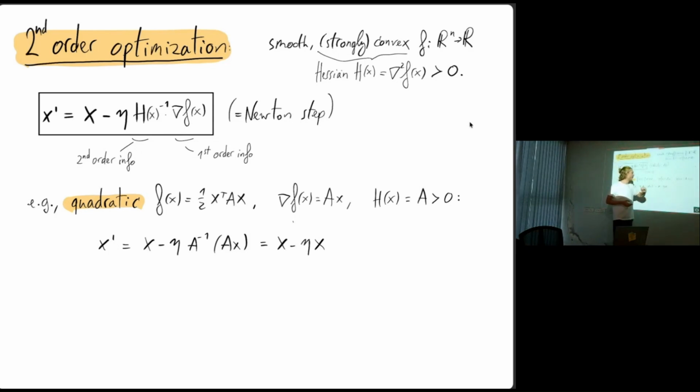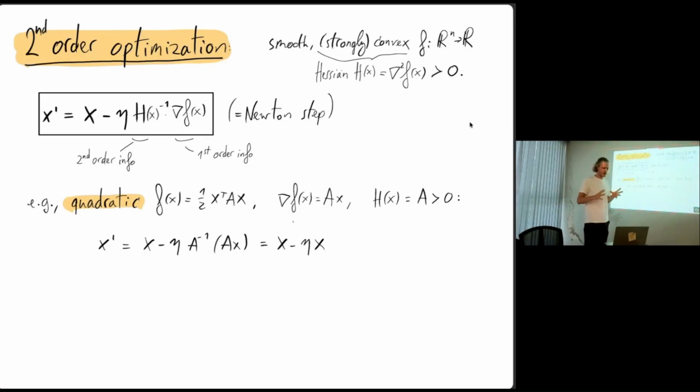And then you're getting something like x minus theta x, which is what you got in the 1D case of first order optimization. And we see that we optimize this function without the complexity depending on condition numbers. Okay, good. That's an important takeaway.